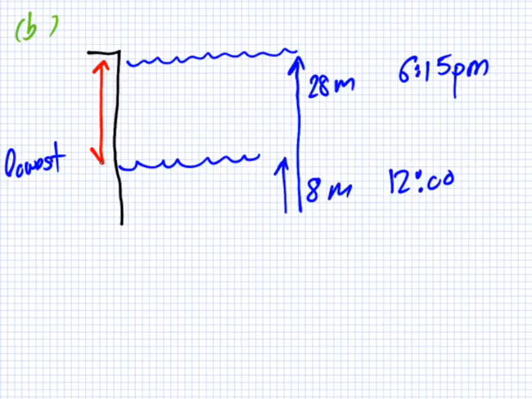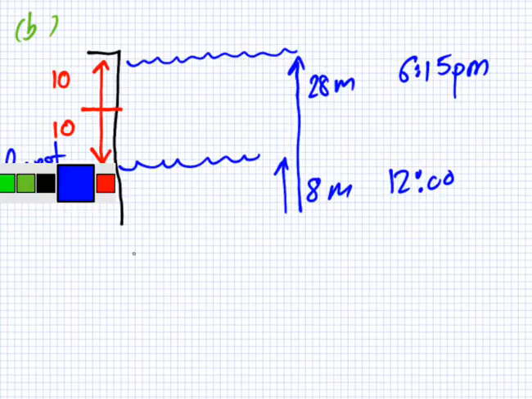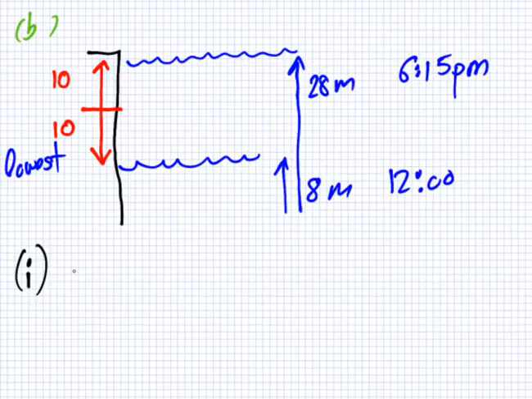The water is 8 meters deep at noon, so this here is 8 meters at 12 o'clock, and that's its lowest. The water is 28 meters deep when it's at its highest, which is at 6:15 p.m.